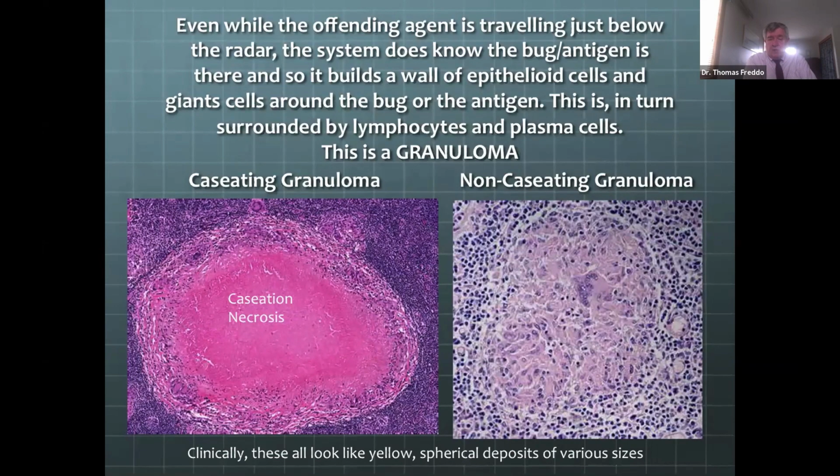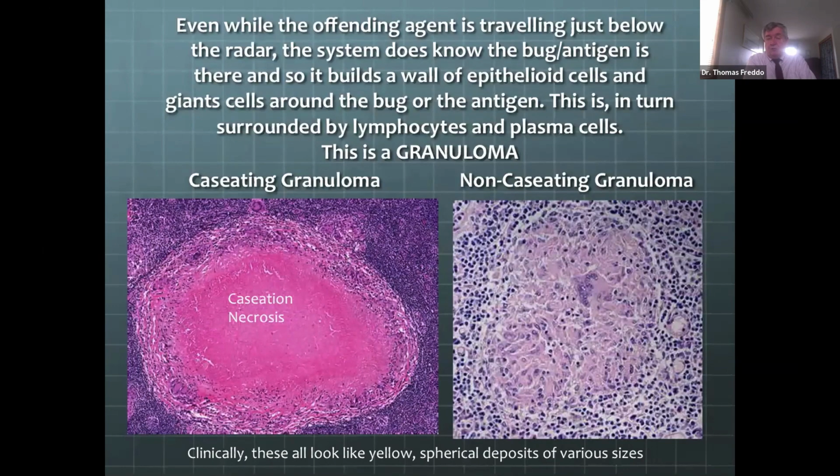And so what the system does, unable to completely purge this antigen or bug, is it builds a wall of epithelioid cells and giant cells around the bug or the antigen. And then, as you can see, in each of these two cases, there is a second group of cells, mostly lymphocytes and plasma cells, that form an outer ring. And this collection of cells is referred to as a granuloma.